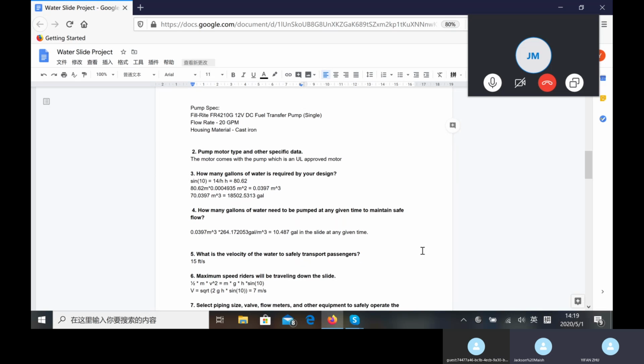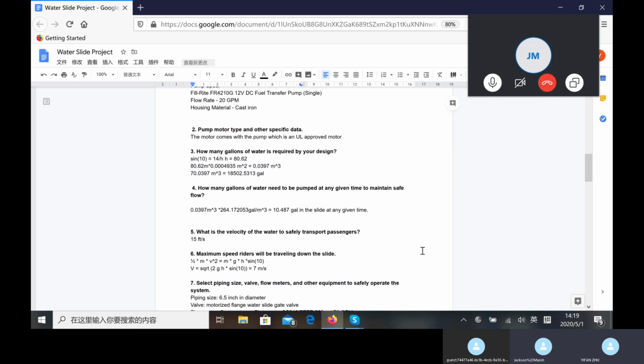And so doing the calculations to determine how many gallons of water are required by our design, we found the length of our entire slide, which is 80.62 meters. You can take that 80.62 meters and multiply it by the area within the slide, which we converted to meters, which is 0.0004935.